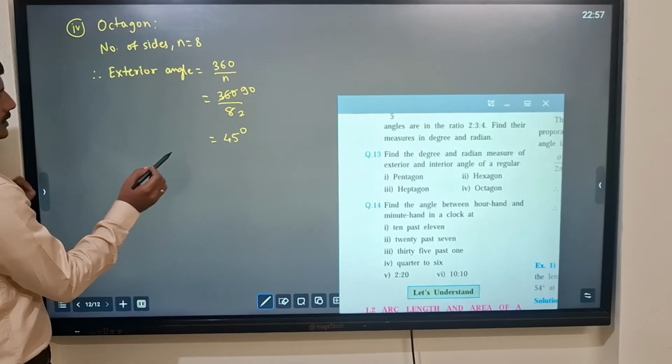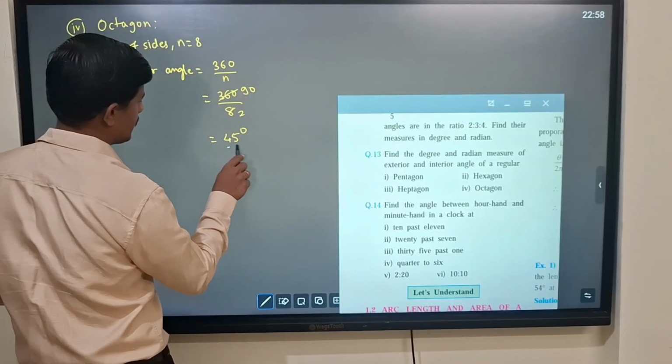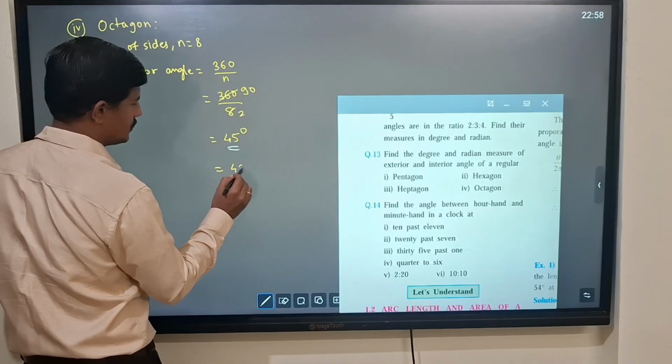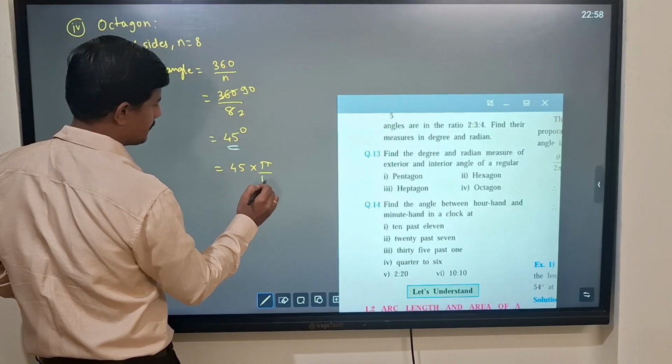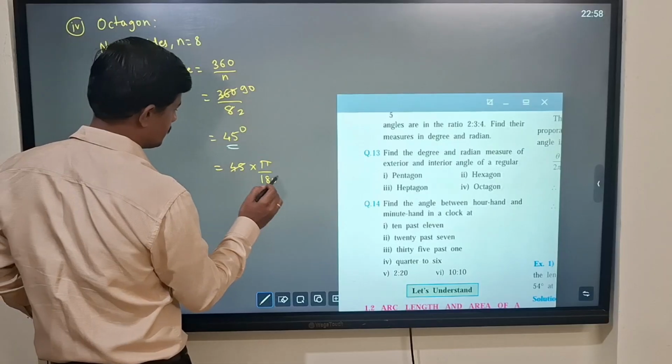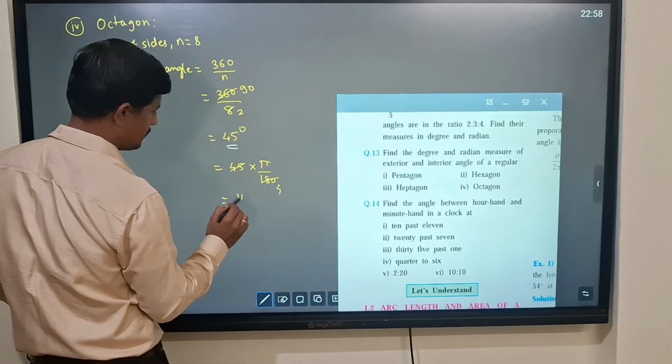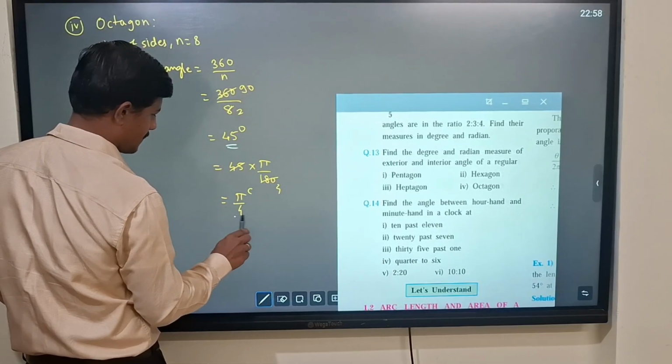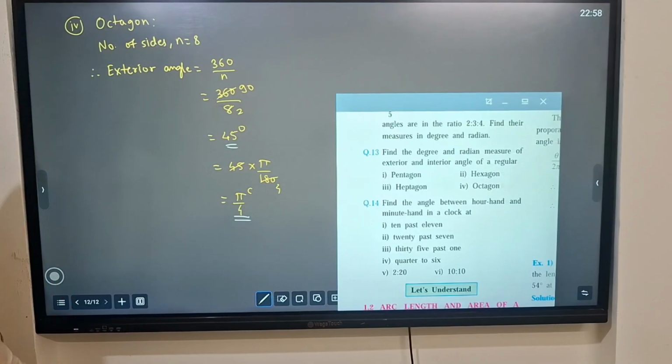Now in radian this becomes 45 into pi by 180. This becomes 4s are, so this becomes pi by 4 radian.